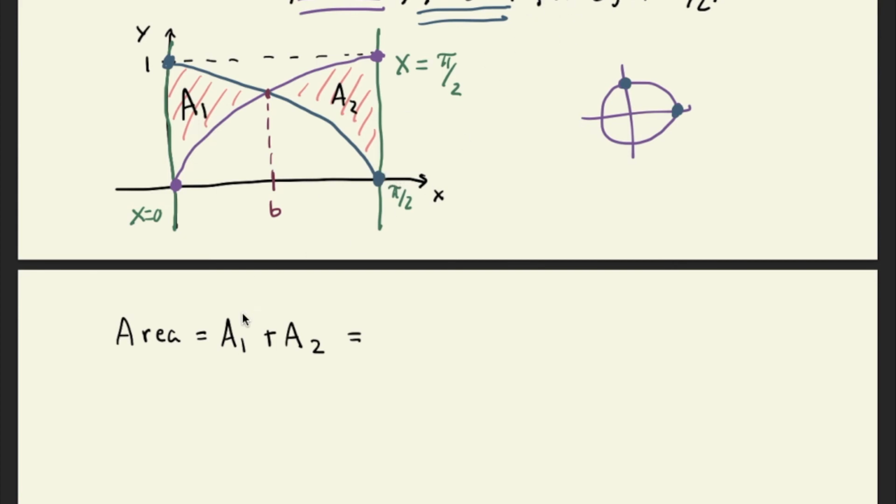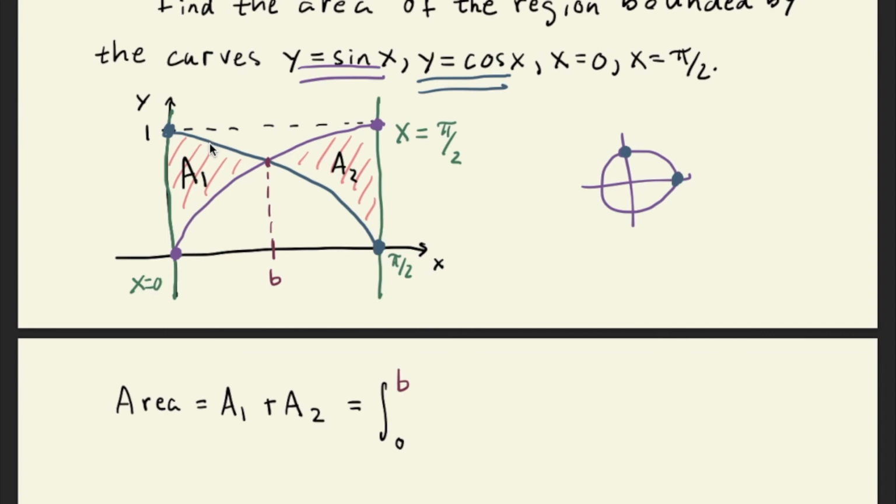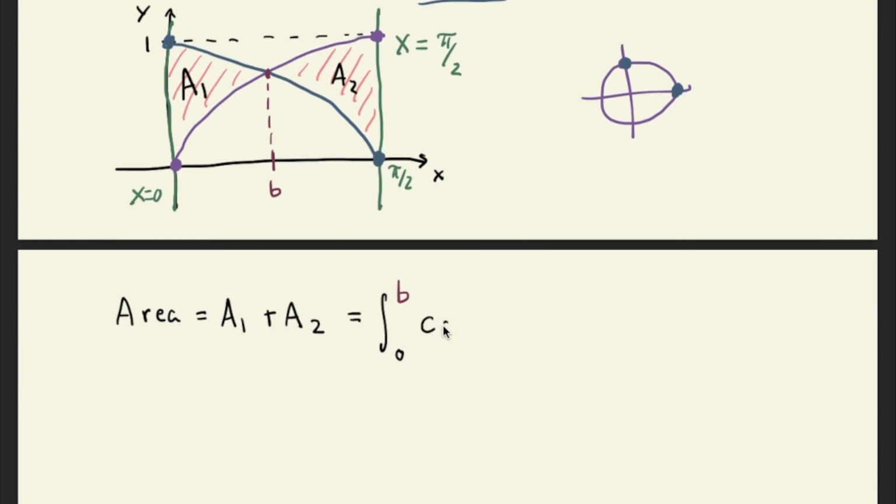So area 1, this area here, we're going to integrate from 0 to b. Let me draw it in red. Along this interval, we integrate the areas of these rectangles. The height of the rectangle is going to be the top, cosine of x minus sine of x.